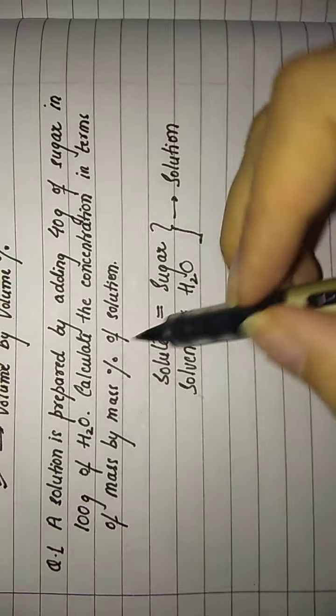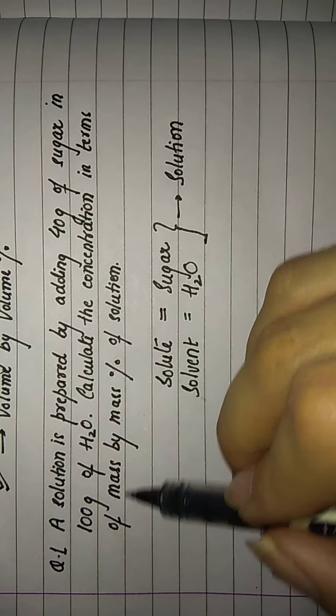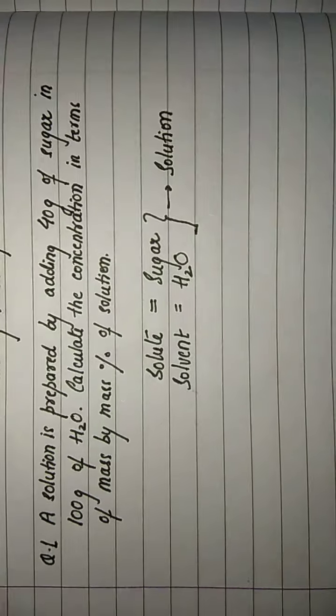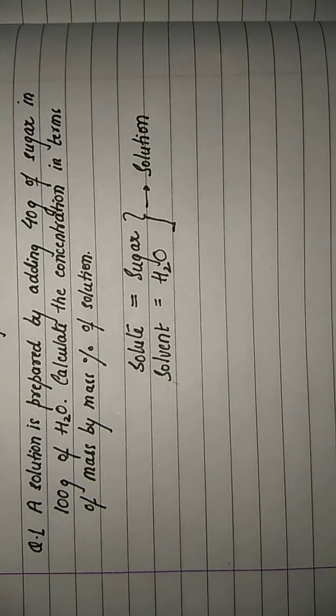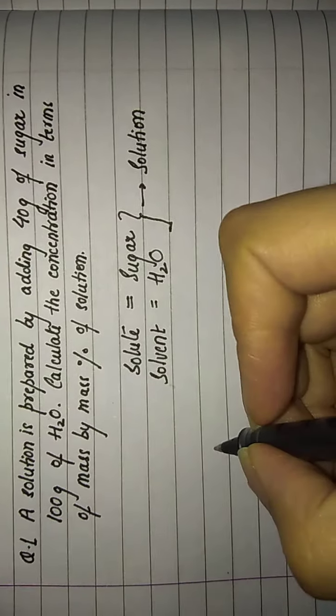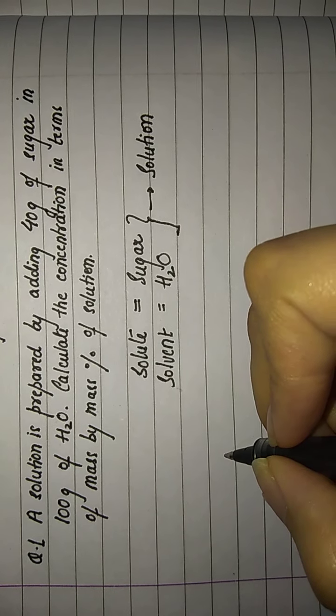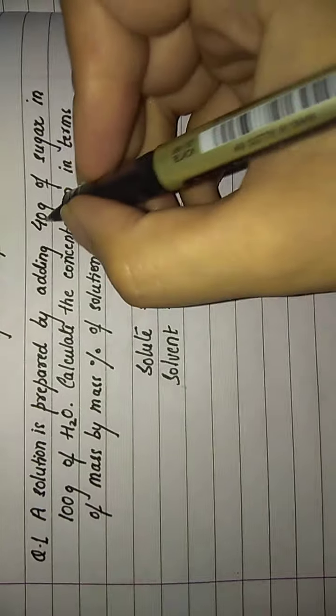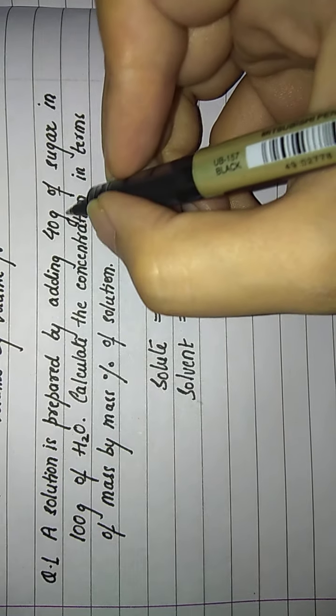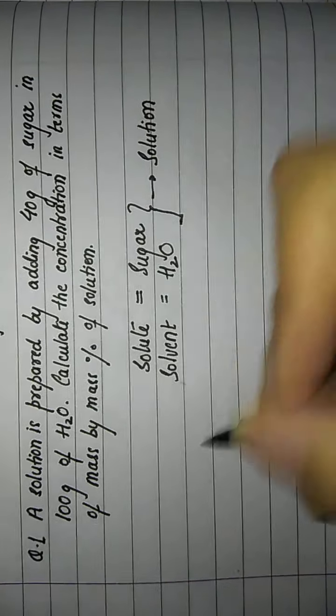Okay, now calculate the concentration in terms of mass by mass percentage of the solution. We have already discussed the mathematical expression for this. Let me first write down what all has been given to me in the question. I have been given the mass of solute, the mass of sugar.